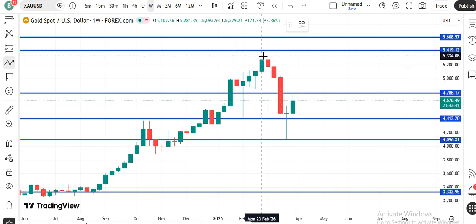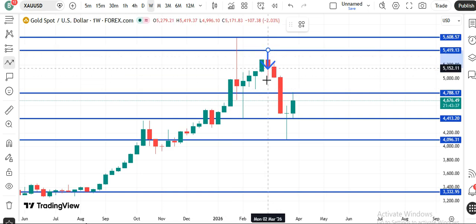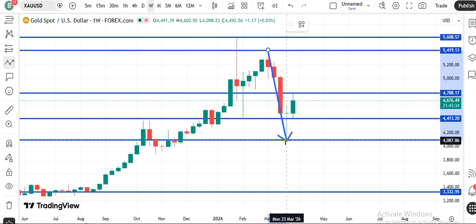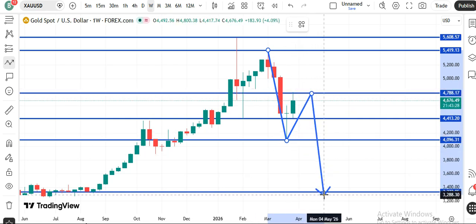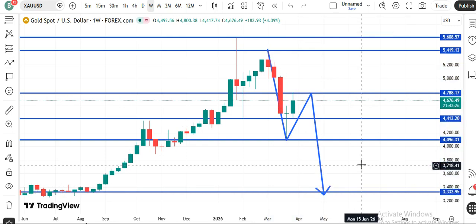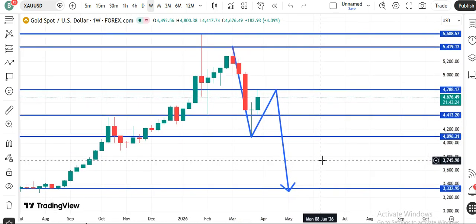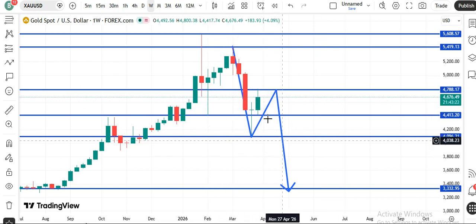So it's not to confuse you or to entertain you. Currently that means from the weekly resistance over here, market gave us a low, pullback giving us a high. If this resistance is all that strong, then gold is likely to give us another lower low to the downside. That is the weekly structure understanding.